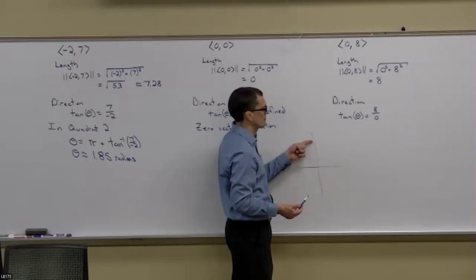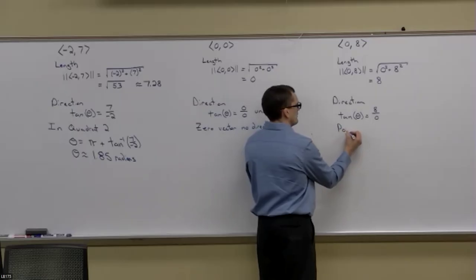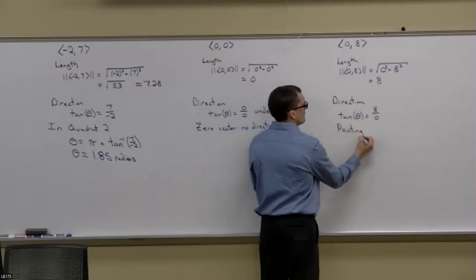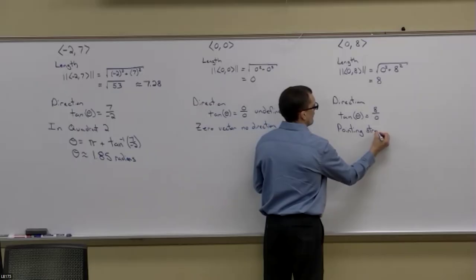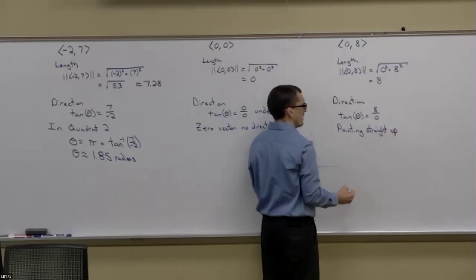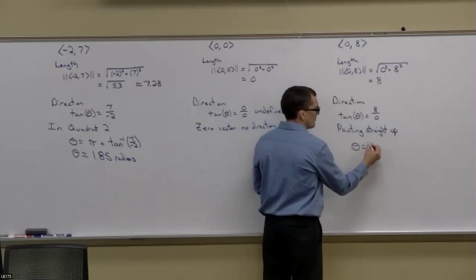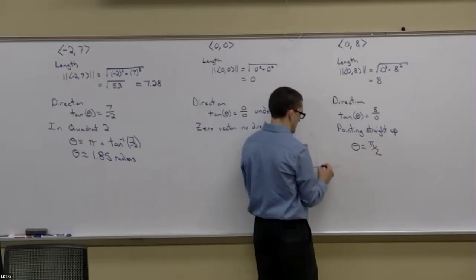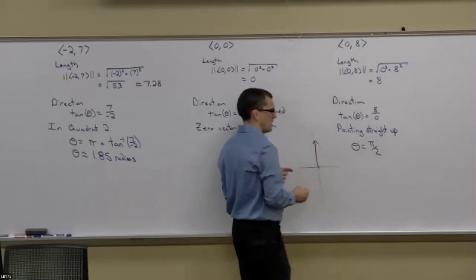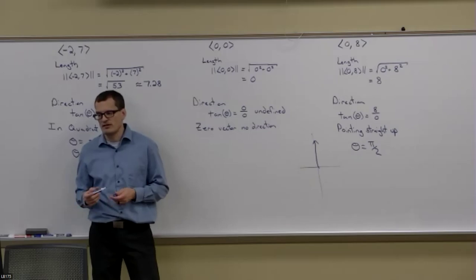Since we're pointing straight up, the angle is actually just pi over 2. Everybody get that? The angle on this is pi over 2.